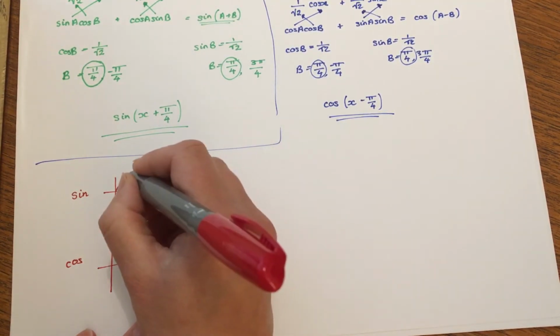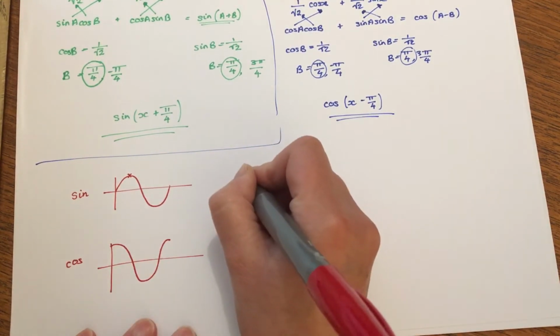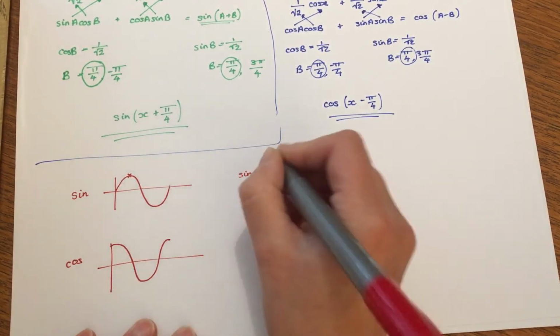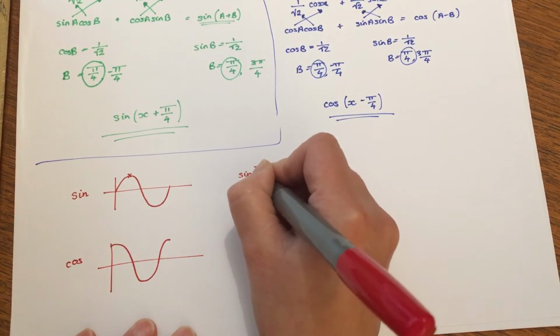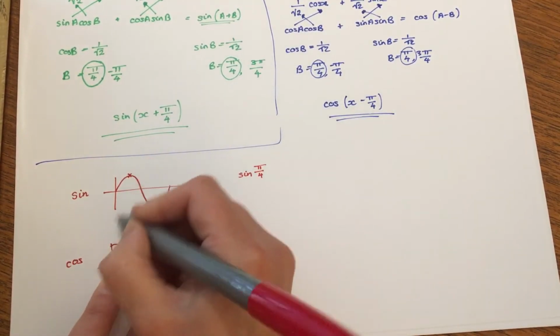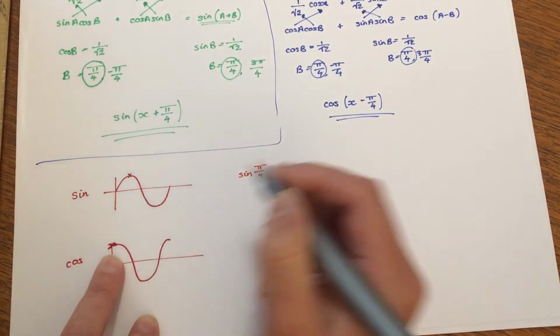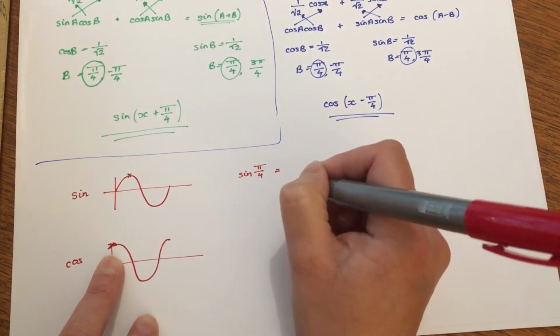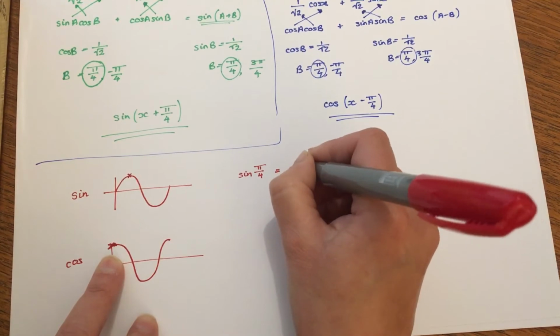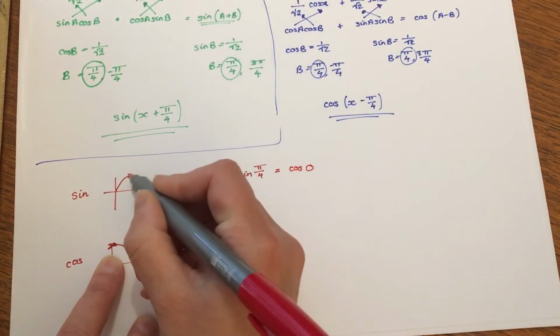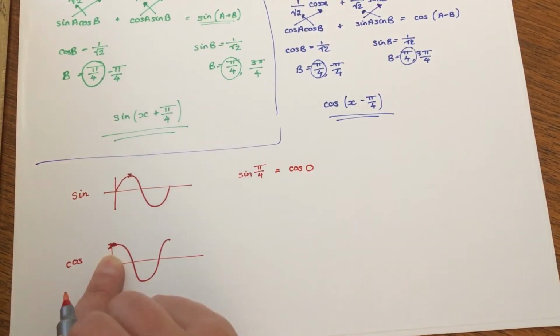So if I look at this point here, which would be sine pi over 4, I can see that that point on the cos graph is here. Oh, it should be on the axis, which is equivalent to cos 0. I've drawn it rubbish. So that point there has the same value as that point there.